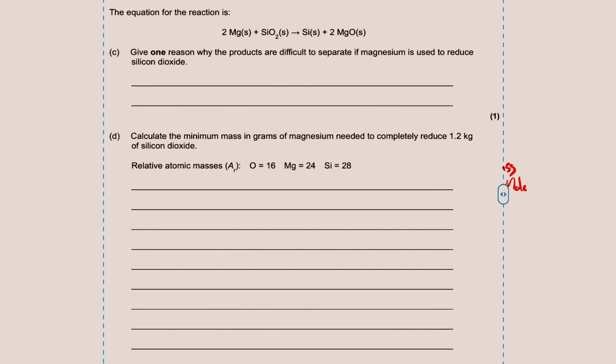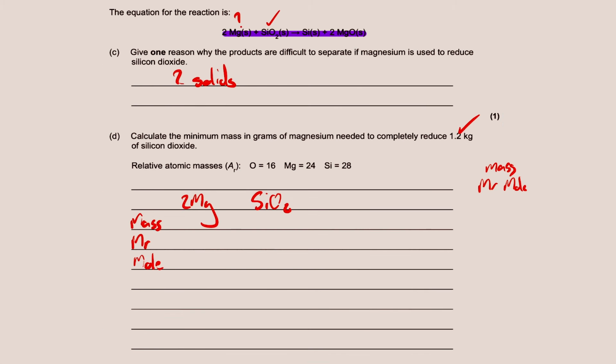Let's convert that straight away. So we've got 1,200 grams. Mr of magnesium, we've just got 24. For silicon dioxide, again, we've got our masses here. So we've got 1 lot of silicon, so 1 lot of 28, plus 2 lots of oxygen, so 2 lots of 16. That gets us to 60.